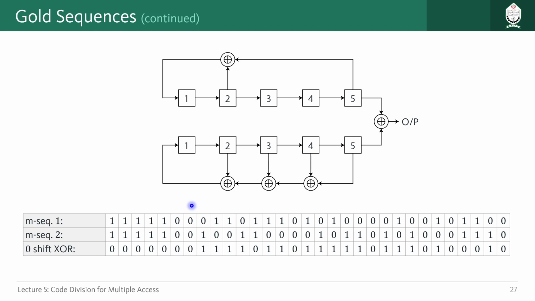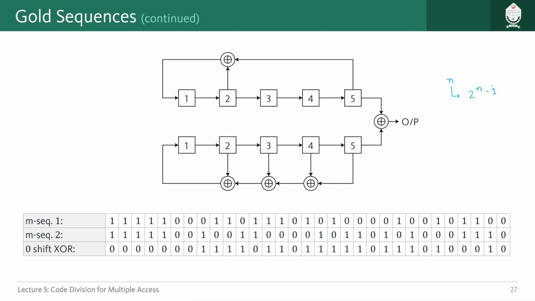Now it is very easy to understand from the previous lectures that these two particular circuits here are just LFSRs, and they are configured in such a way that they will generate M sequences. If you remember, for a particular LFSR, if it generates M sequences and the length of that LFSR is n, then the length of the generated sequence should be 2 to the power n minus 1.